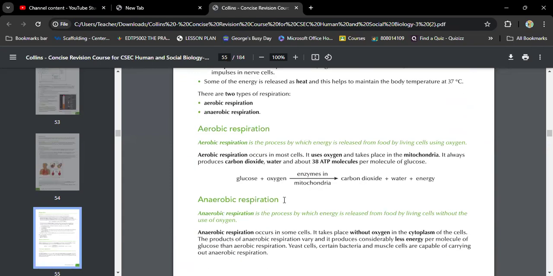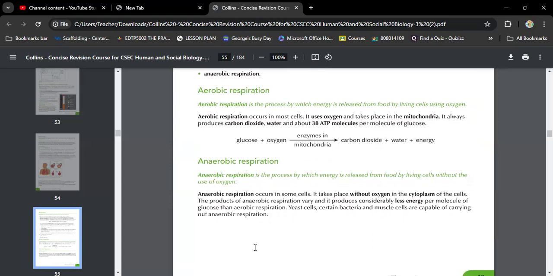Right. So anaerobic respiration occurs in some cells. It takes place without oxygen in the cytoplasm of the cell. So this is where it's an organelle where some processes in the cell take place. The products of anaerobic respiration vary and it produces considerably less energy per molecule of glucose than aerobic respiration.